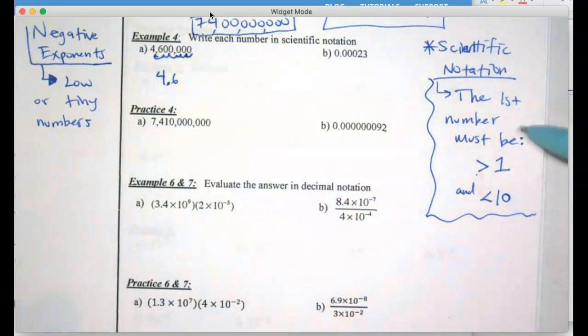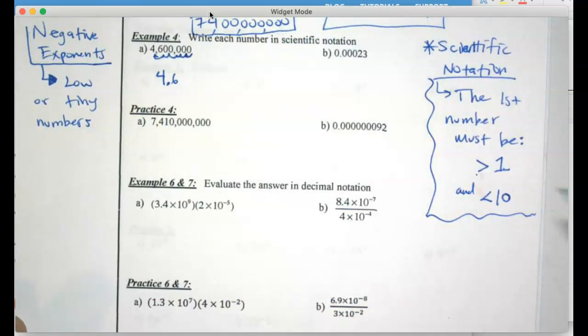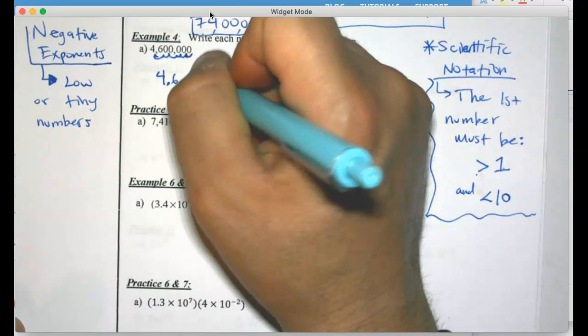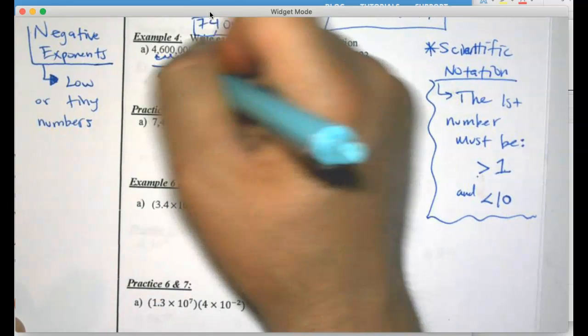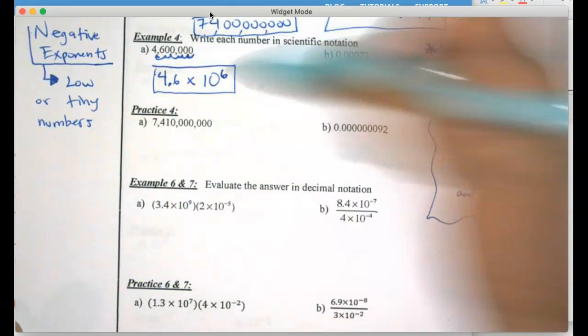And the number out front has to be greater than 1 and less than 10. So that tells me where my decimal stops moving. I had to move it 6 spaces, meaning it'll be 10 to the 6th. The reason I know it's a positive 6 is because that's a huge number, and a huge number should have a positive exponent.